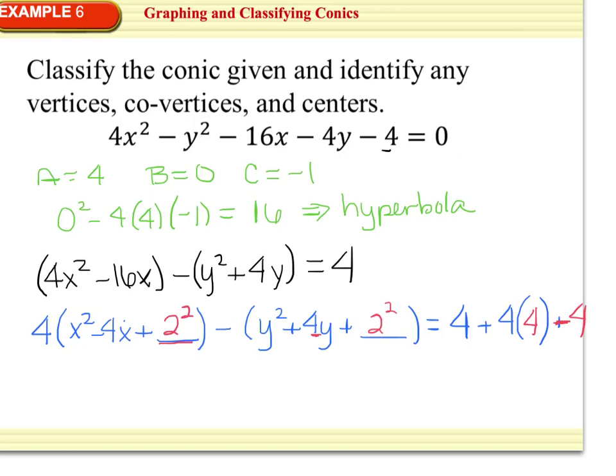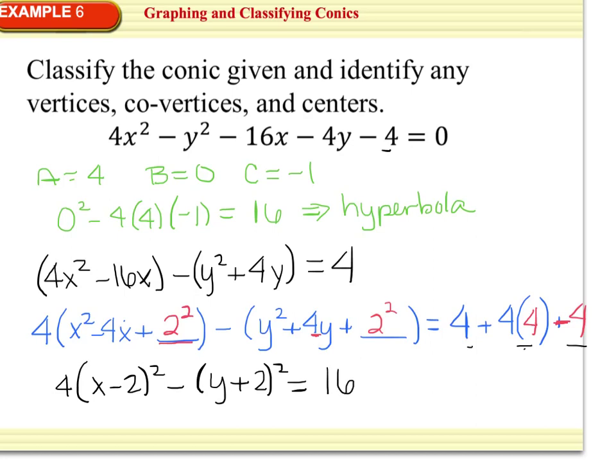So when we simplify now, we have 4 times the quantity of x minus 2 squared minus the quantity of y plus 2 squared equals 4 plus 4 times 4, which is 16, so 4 plus 16 is 20, minus 4 is 16.